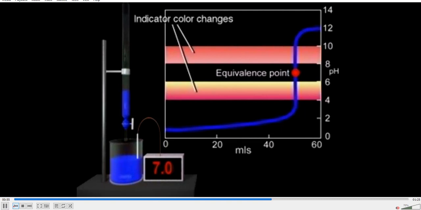Now, watch how it, there we go. Now when the pH is 7, then we've added enough moles of our base so that it equals the moles of the acid. So again, the equivalence point is when the moles of the base added in equal the moles of the acid, resulting in a neutral solution at pH of 7.